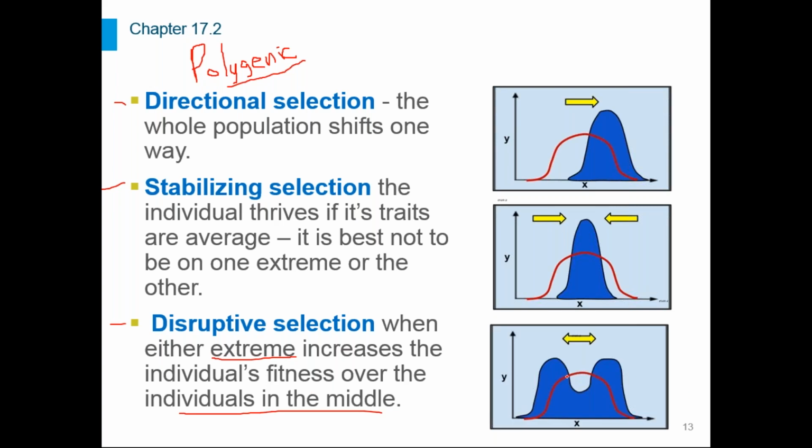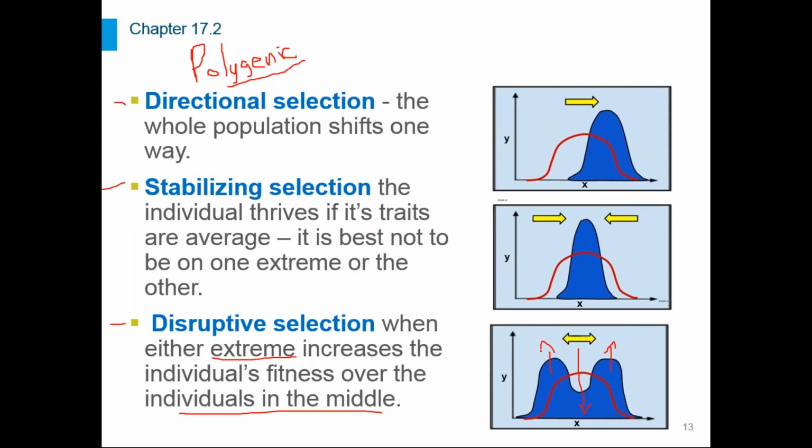So disruptive is going to look like this blue line, where it's decreasing the amount of individuals in the middle, and it's increasing the amount of individuals that have a really high or really low number for whatever trait it is. Now, this could be for anything, really. We talked about height. The book's example was birds' beaks and measuring the size of their beaks.